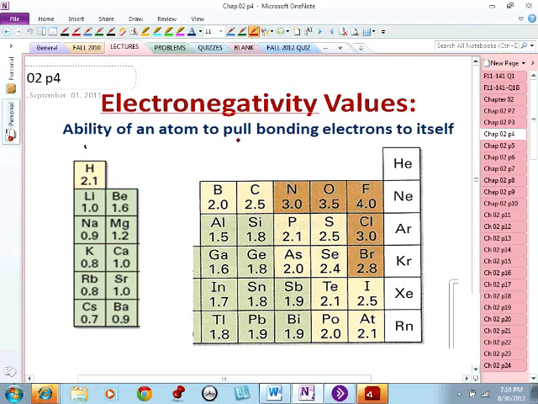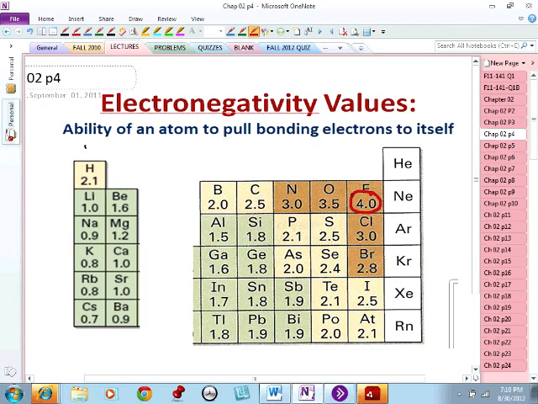Fortunately, we have a table of electronegativity here. The most electronegative atom is fluorine. We give this an arbitrary value of 4.0. We say fluorine has an electronegativity value of 4.0. And what is the electronegativity value for oxygen? 3.5.